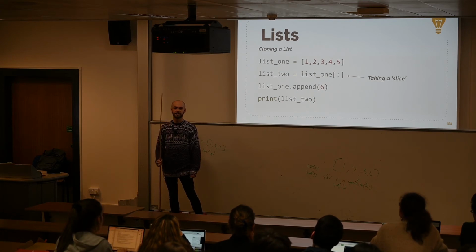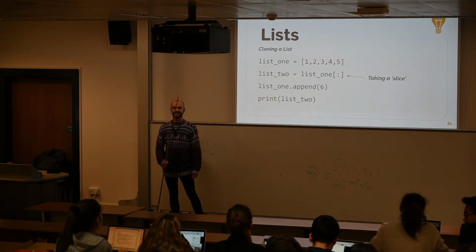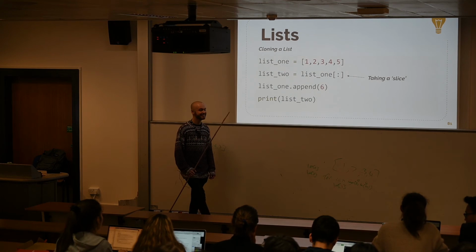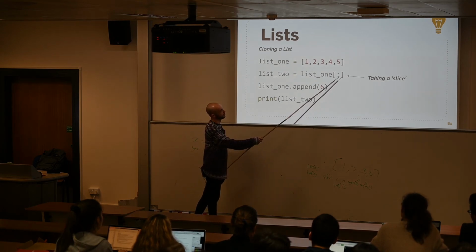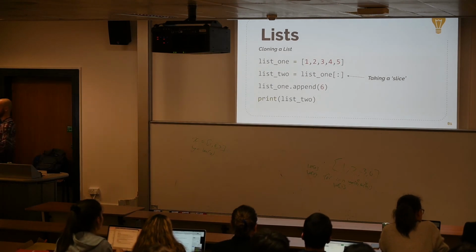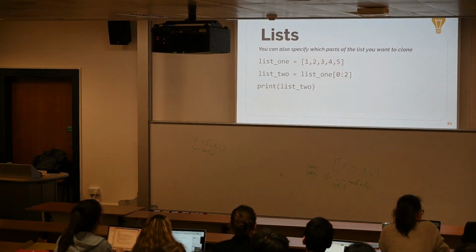Okay, go on then, Angela, you were first. You had your hand up first? Yeah, so you can put a value after the colon or before the colon, and that will change the range that you're slicing. So you can do this.